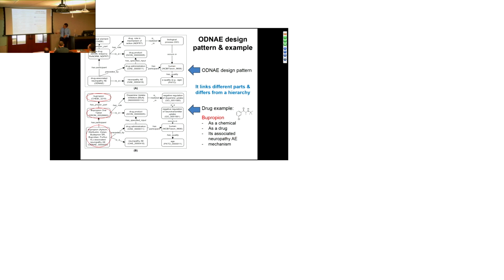And we have a design pattern. We design a pattern where you have a drug, and the drug has some chemical elements, and the drug has some role, and we use NDFRT. The drug is a drug product, and for the patient you get the drug administration. It's a human here, so the drug may do something in the body, and it's realized in the human, and the human has a quality.